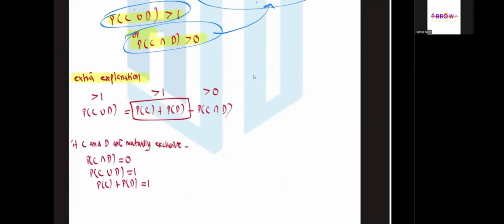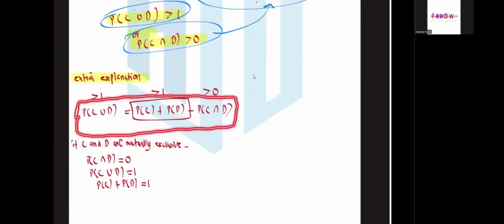Because here, in the extra explanation which I gave, you know this equation, which is basically the relationship between any two events. So if probability of C union D is equal to the probability of C plus probability of D, this would imply that the probability of C intersection D is equal to 0.